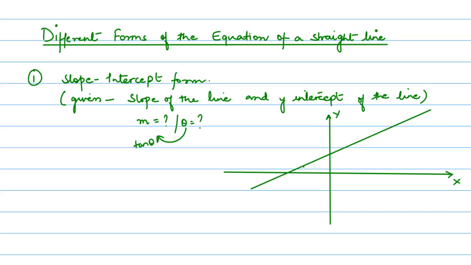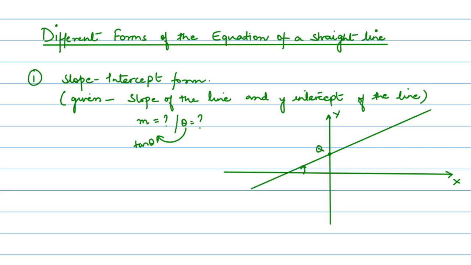Theta is the angle of inclination, the angle made by the line with the positive direction of the x-axis, taken anti-clockwise. Suppose this line cuts the y-axis at this point, and let's say this point is Q.